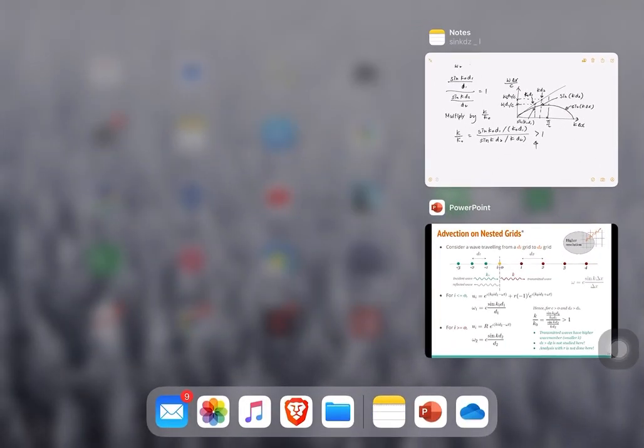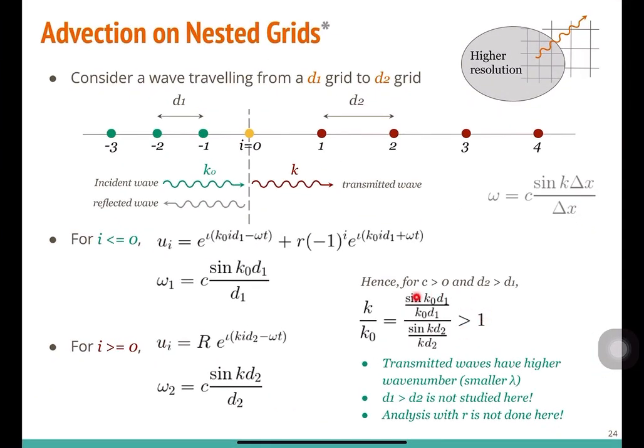Okay, so that's why we have arrived at this, which means that if we want to keep the frequency the same for this wave, k will increase. Okay, originally we have the wave number k naught here, and then when your waves are traveling through this wall, the k is becoming larger compared to the original k naught.